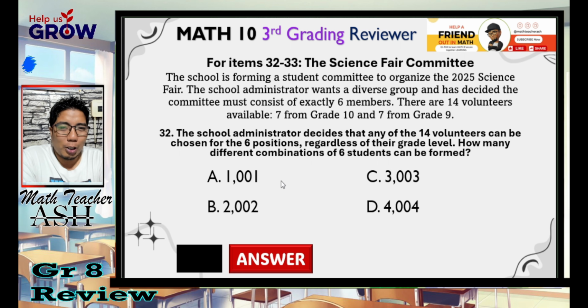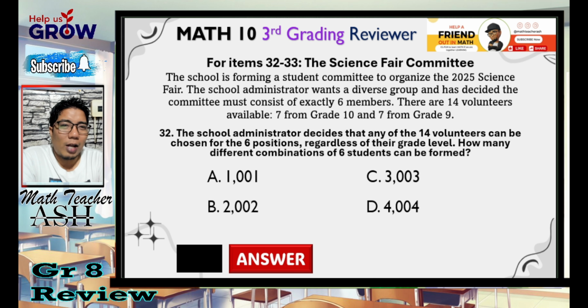For items 32 to 33, the Science Fair Committee. The school is forming a student committee to organize the 2025 Science Fair. The school administrator wants a diverse group and has decided the committee must consist of exactly 6 members. There are 14 volunteers available, 7 from grade 10 and 7 from grade 9.